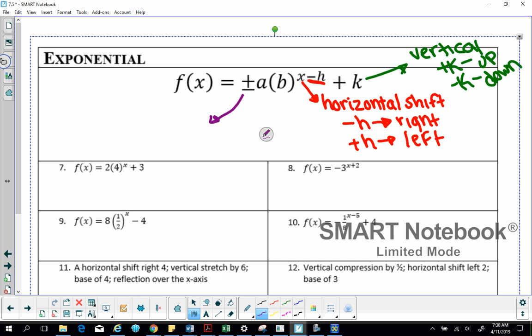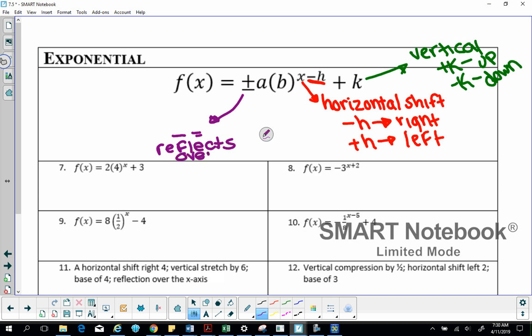So negative, we know it means reflects over the x-axis. It means it flips. The A is your what? Same as your quadratic. What do we do when there was like a number in one of our quadratic ones? Yeah, stretch and compress.